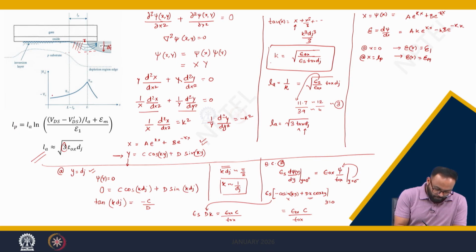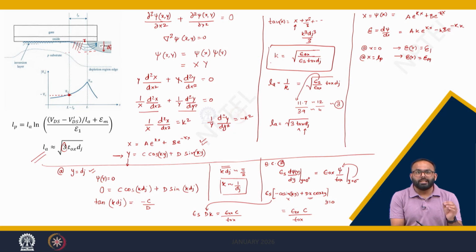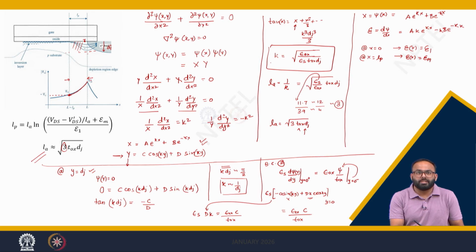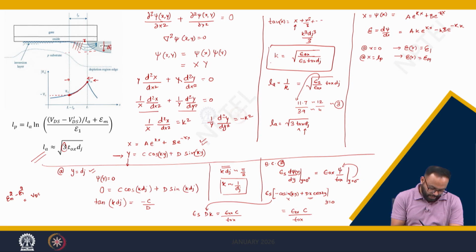You can see here we have defined a critical field EC, which says that at this point the carrier attained its maximum velocity. After this, the electric field increases in this region, because the voltage here increases, which is VDS minus VDS dash, and here it attained its maximum electric field, which is defined as EM, where we can relate this equation as EM square minus E1 square equals VDS minus VDS dash divided by LP whole square.